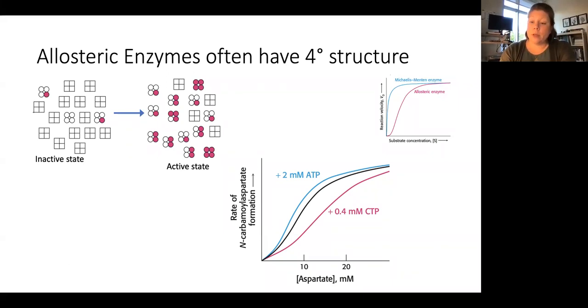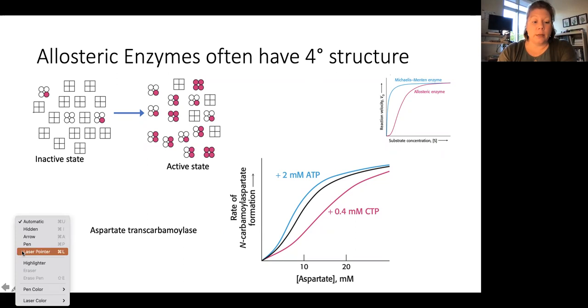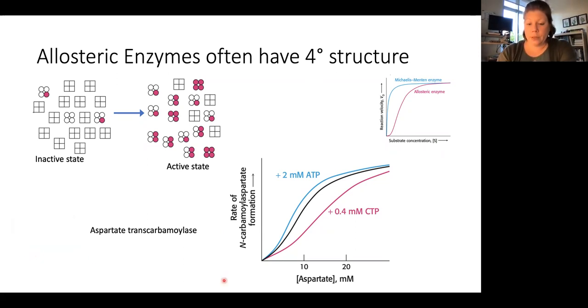Okay, so the enzyme that we're looking at here is aspartate transcarbamoylase, but it doesn't really matter what the name of the protein is. Instead, let's talk about what we're seeing in these curves here. So first of all, in the black curve, the unchallenged reaction, the unregulated reaction, we see a slow increase.